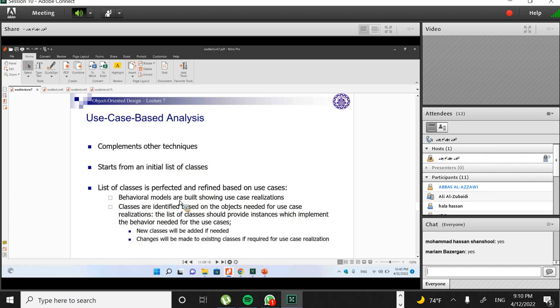Classes are identified based on the objects used in the use cases. Each class should provide instances which implement the behavior needed for the use cases.